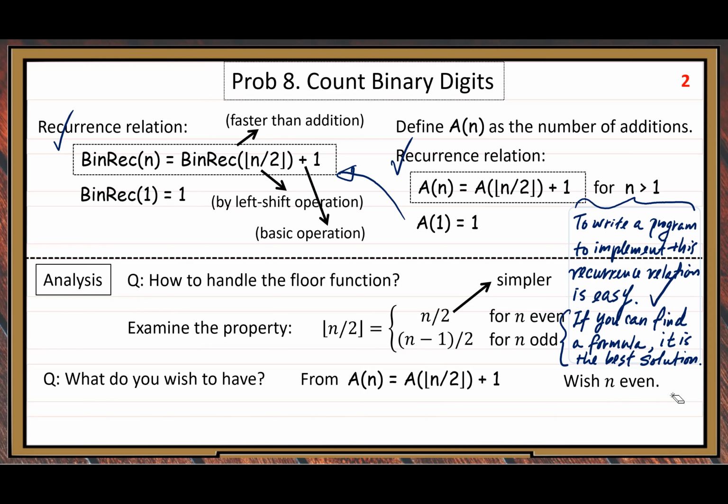We wish n even. Can we do that? Because when n is even, n/2 is already an integer, so we don't need that floor function. The floor function is gone. How about that? Here we make a wish. We have that freedom to do that, so we assume n is even. Think about this thinking approach.